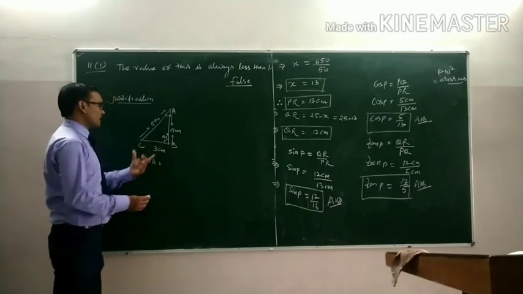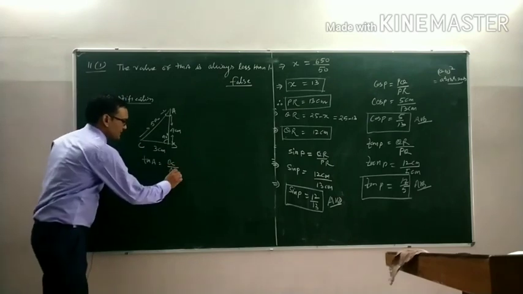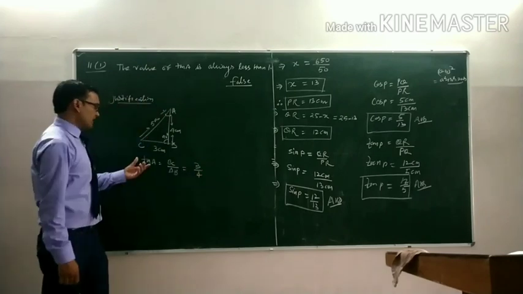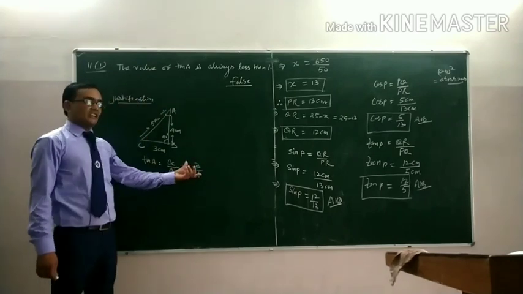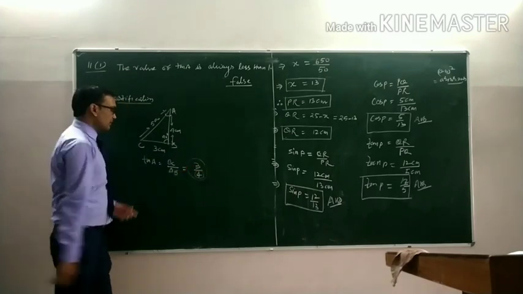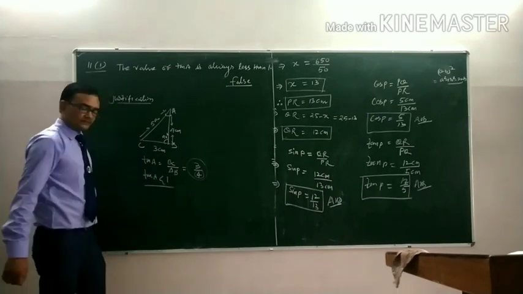What is our perpendicular? Perpendicular side is BC and base is AB. This gives the value 3/4. Here tan A is less than 1 because the denominator of 3/4 is 4. The value of tan A is less than 1.